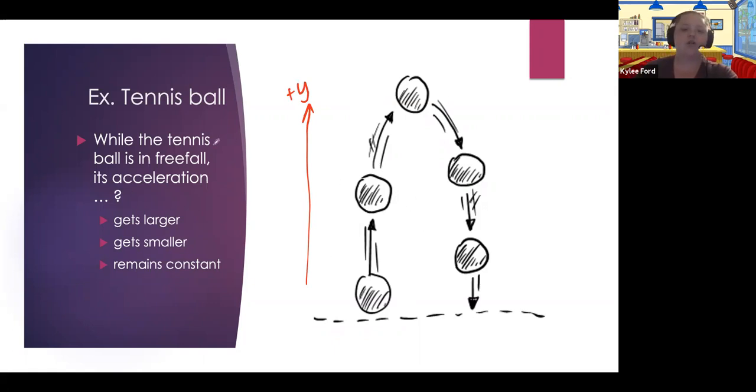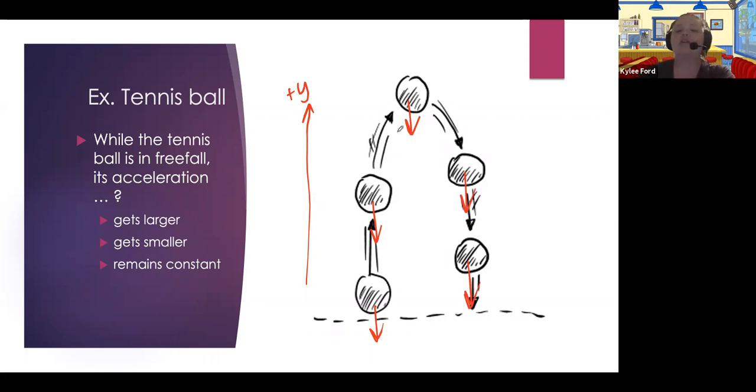Okay, so what is happening to the acceleration? In this case, my tennis ball is experiencing acceleration the entire time, but my acceleration is not changing.